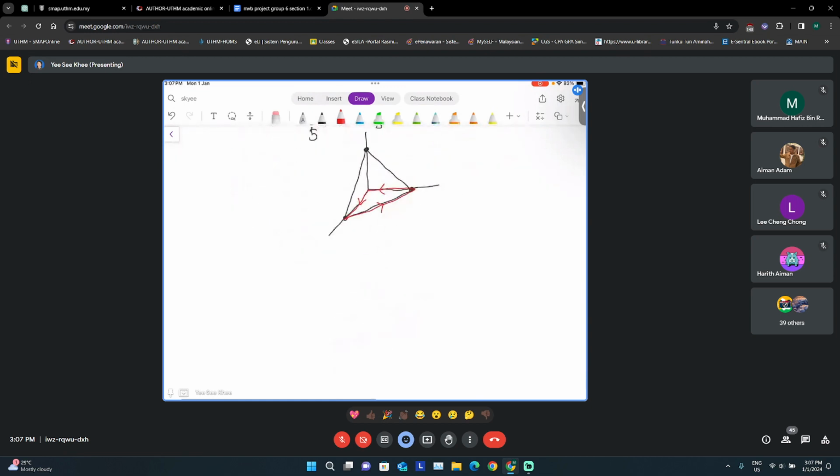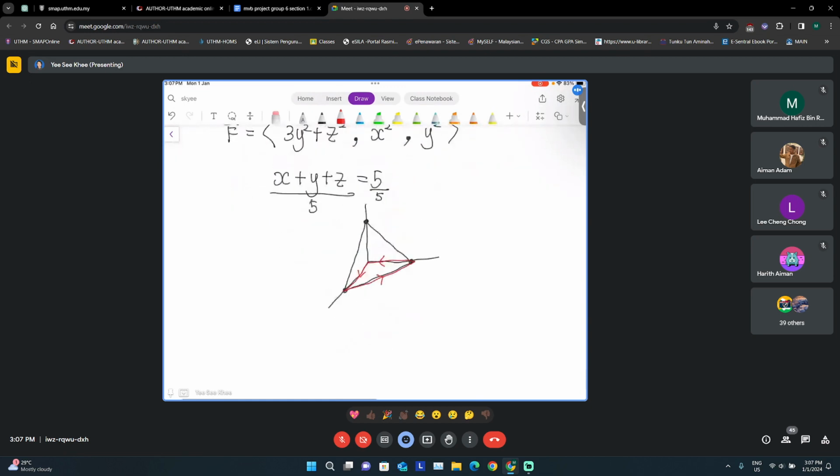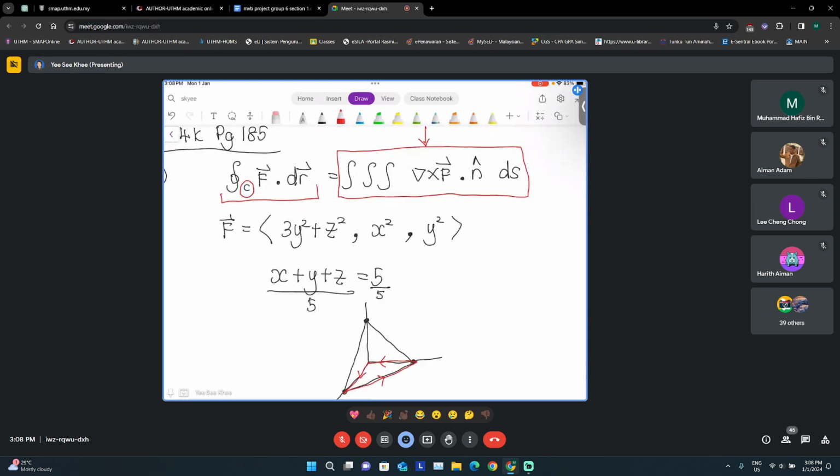We go to the equation of the Stokes theorem. So you have to find the curl of the vector F, and find the unit normal vector, and also the dS. Sorry, two integrals only.